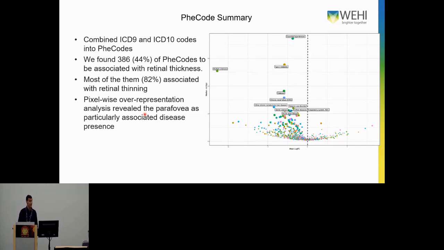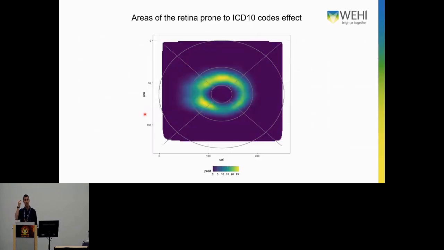We also did an overrepresentation analysis over all of the pixels of the retina, with the question of, we have so many analyses for each one of these pixels. What are the pixels that are mostly correlated with disease status? That particular pixel has a huge burden of disease association. When you have a disease, that pixel is likely going to change.